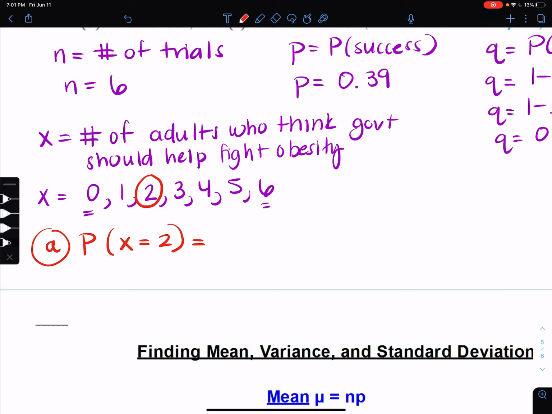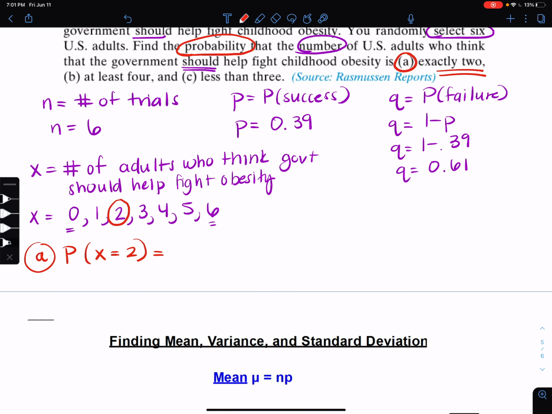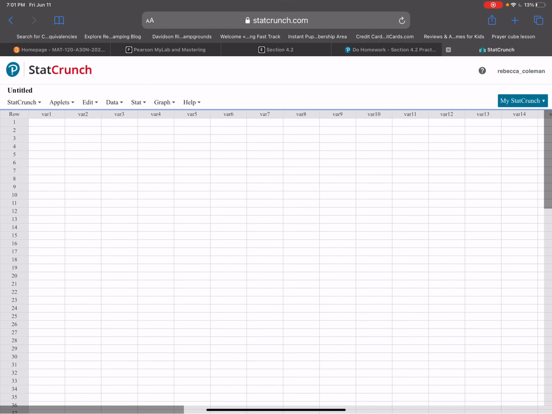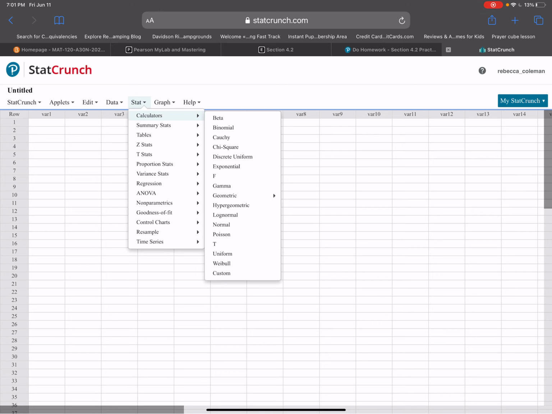I'm going to encourage you here to use StatCrunch because it has the binomial distribution stored where you can input all your information and it will calculate it based on your values of N, P, and X. So when I want to find a probability for a set number of successful trials, I'm going to open up StatCrunch. To get to the binomial distribution, I'm going to go to Stat, Calculators.